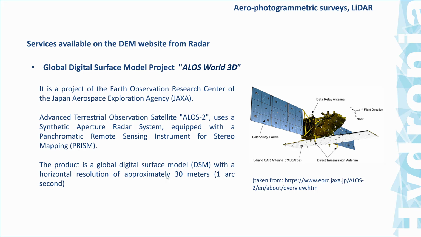And it uses synthetic aperture radar, so SAR, that is equipped with a panchromatic remote sensing instrument for stereo mapping, PRISM. What this means is that as it scans the Earth, it scans not only in one position, but in different positions, obtaining a stereoscopic image of the surface. And by obtaining those stereoscopic differences, it can infer the difference in elevations on the Earth.